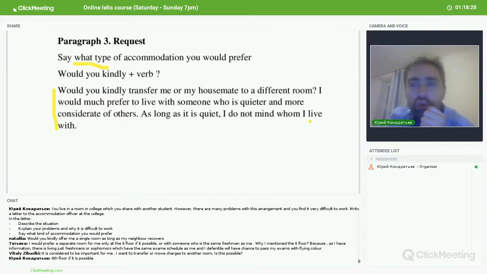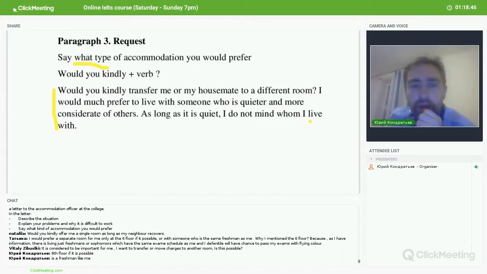Или с кем-нибудь, кто такой же. Okay, in Russian it's okay, in English: who is also a freshman like me. This is the English.